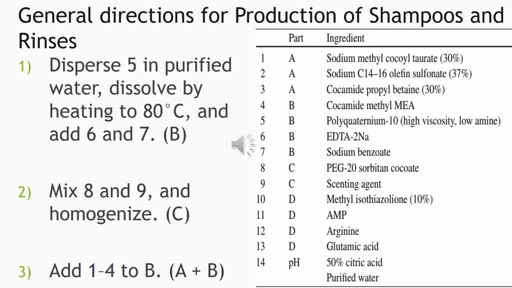Step 2 is mix 8 and 9 and homogenize. 8 and 9 are falling in category C, so we shall mix 8 and 9 and we shall homogenize after mixing these.